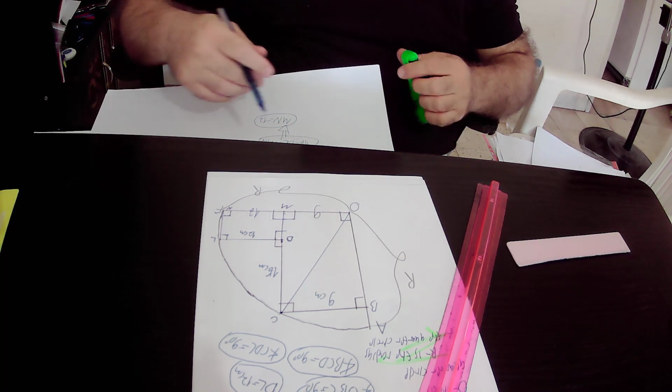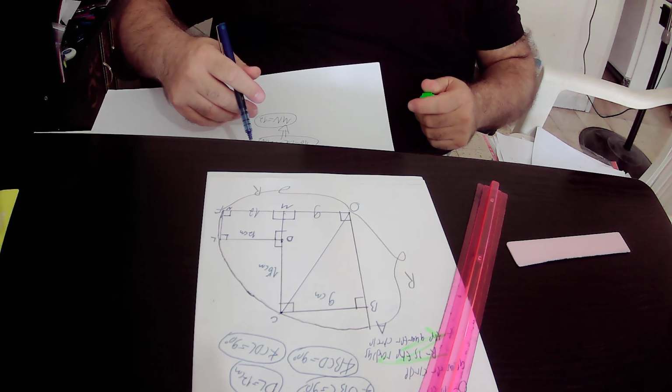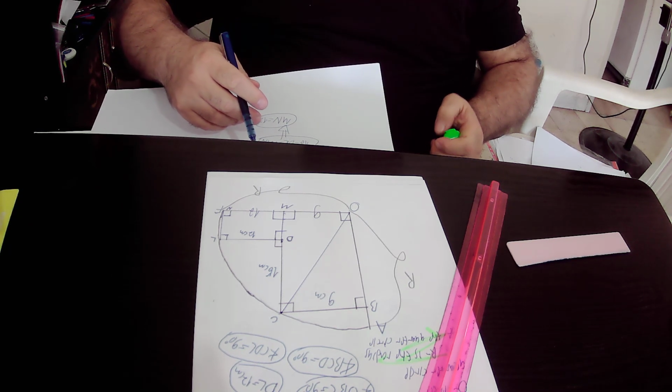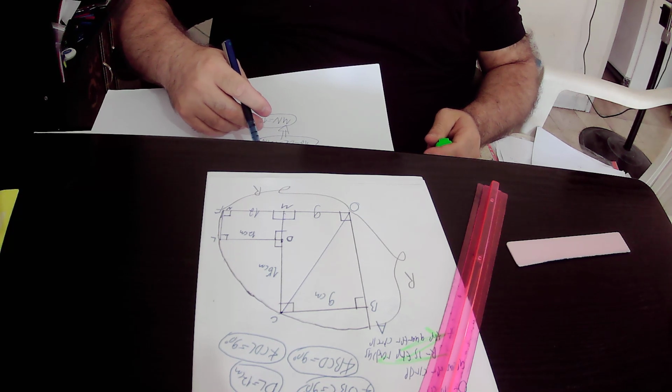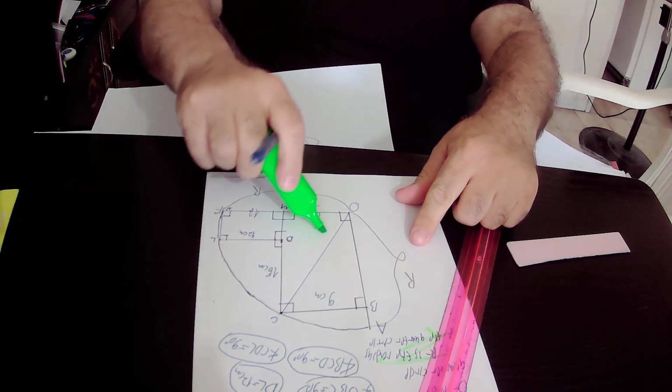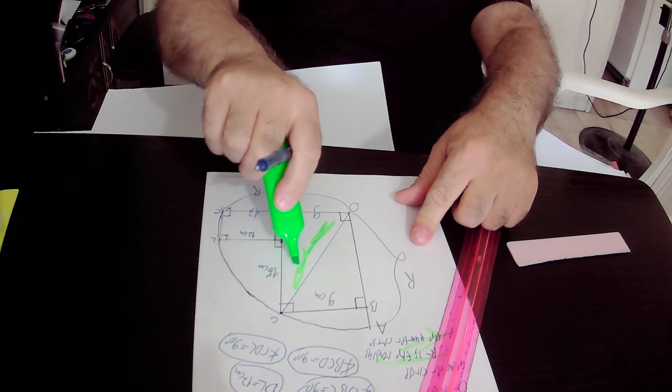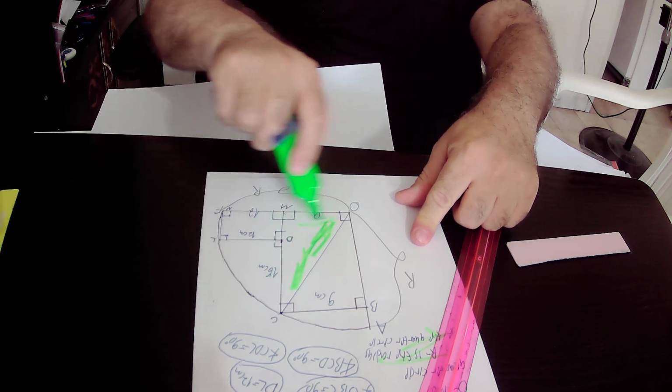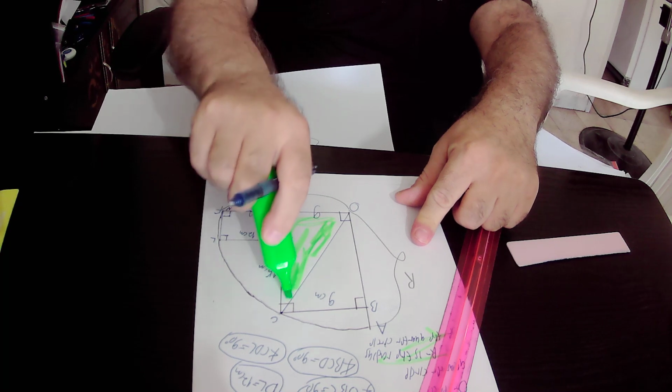So we will use the Pythagoras theorem, we'll implement the Pythagoras theorem on the green right triangle OMC.